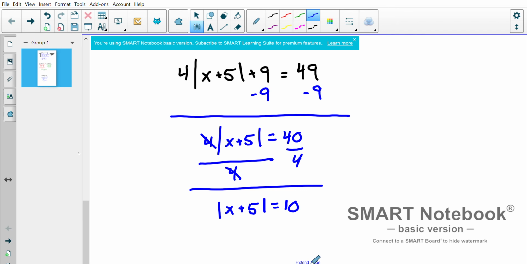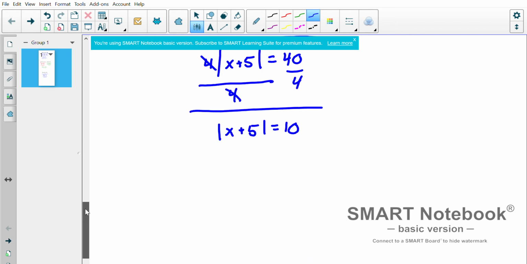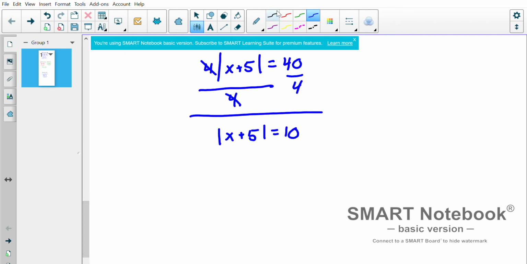Now, once we've gotten rid of everything on the outside of our absolute value symbols, this is where we have to remember what absolute value measures. It measures the distance away from 0. So there are 2 numbers that are 10 units away from 0. When I split this up, I have to say x plus 5 is equal to 10, but it's also equal to negative 10, because there are 2 directions that you can move on a number line.